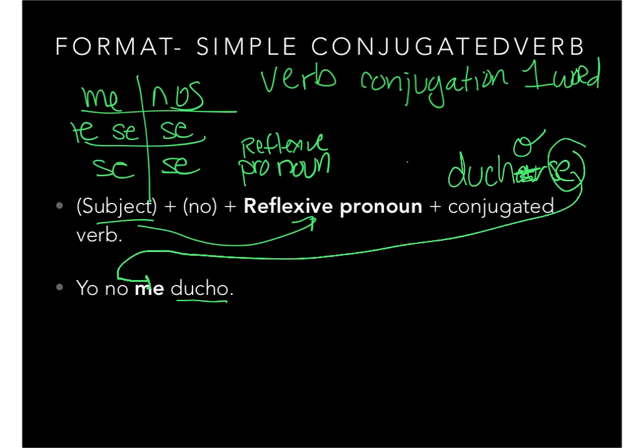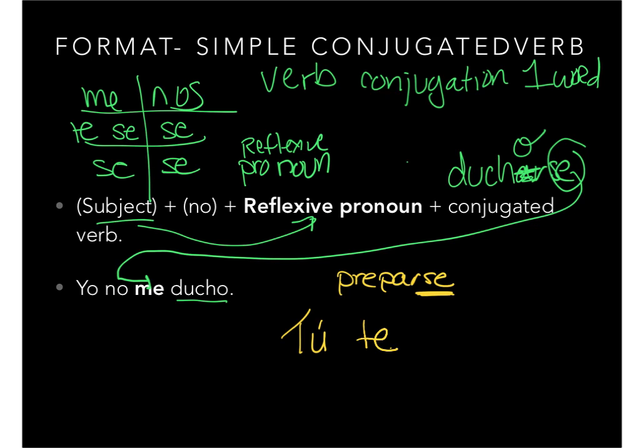Let's look at another example. Perhaps we have the verb preparar. Say, if my subject were tú, okay, I can say it or not. So step 1 is find the correct pronoun. So we're going to take this se, we're going to look up on our list here. The correct pronoun for tú is te. So we're going to start off with that. Tú, te.